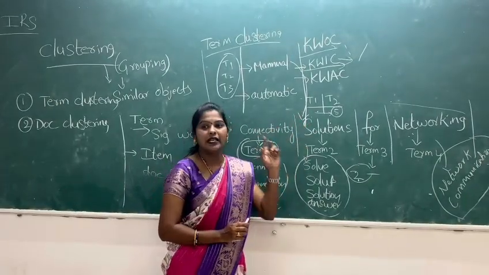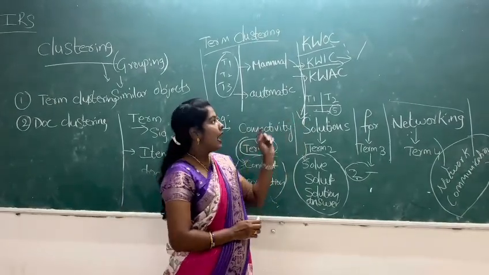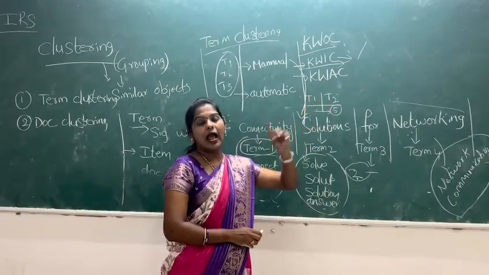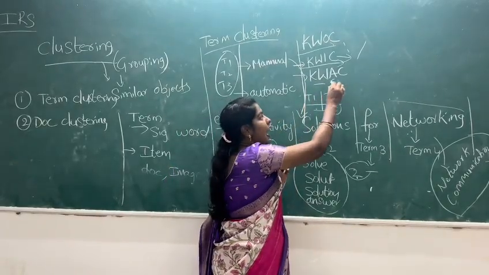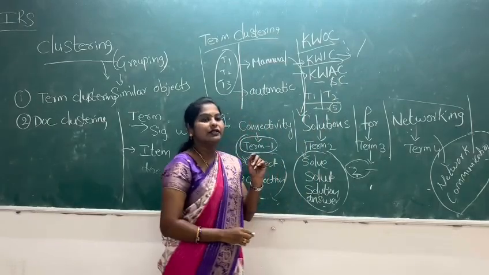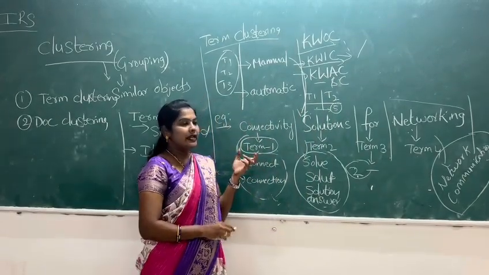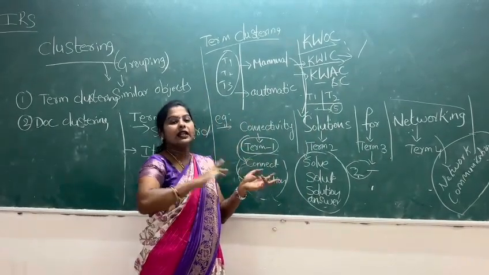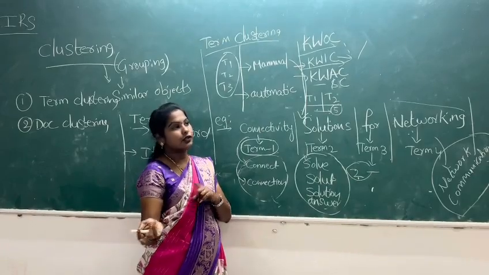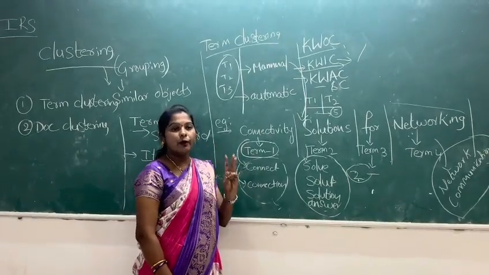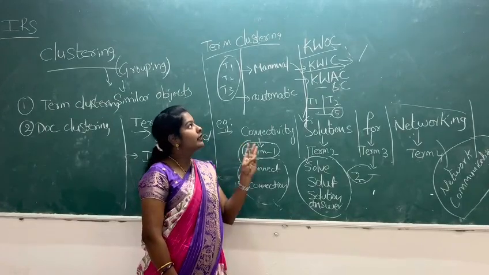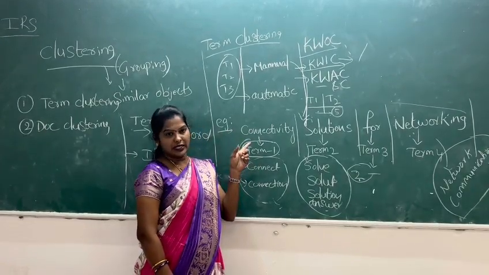This is known as keyword in context. And the last one is keyword and context. In this we see what the keyword is and in which context it is there. So these are the 3 important techniques we are using in manual clustering.